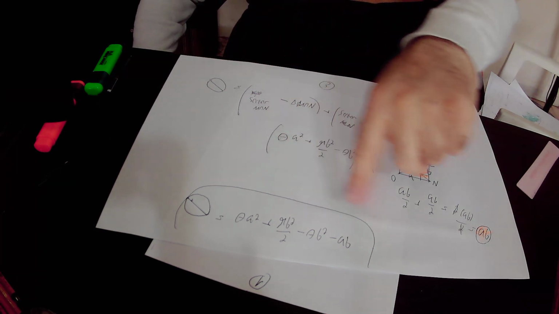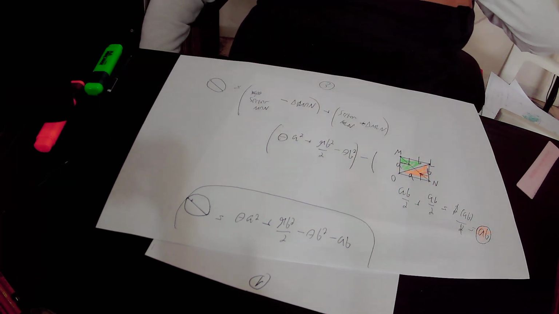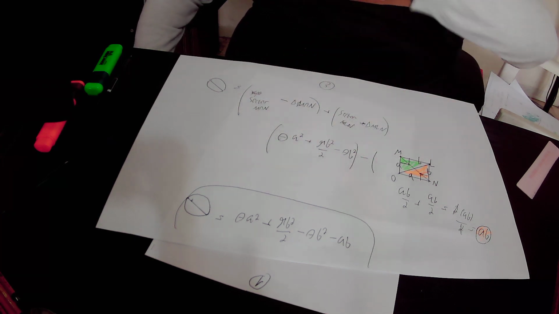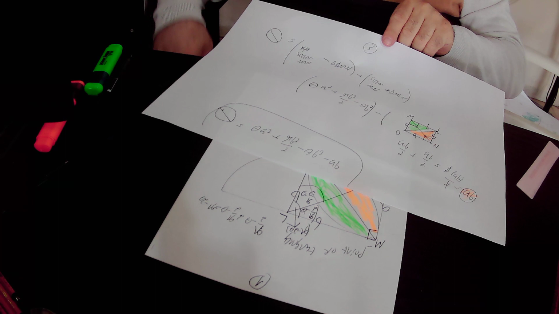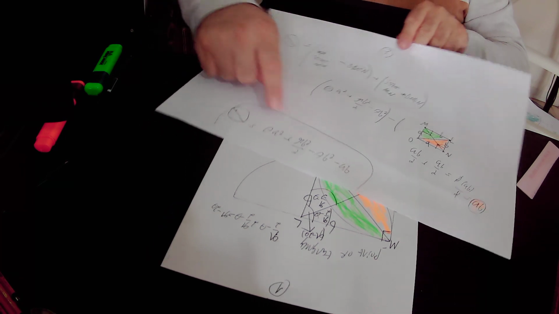Okay, we got to this formula for the area of the lens. Then we took the common factor of theta from this formula.